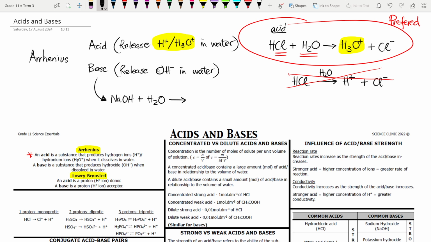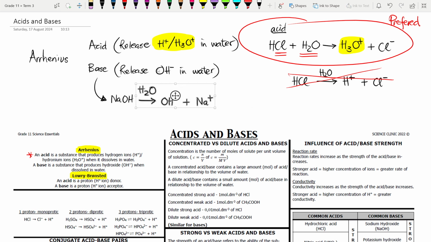Then what I'm going to have is the OH minus, and then for a base we can just show the ions because some of these things are just going to be spectators, and the Na plus on its own. So for this one we can just show that water was used to dissociate this. I can just put it on top like that so that I can see the ions in action.